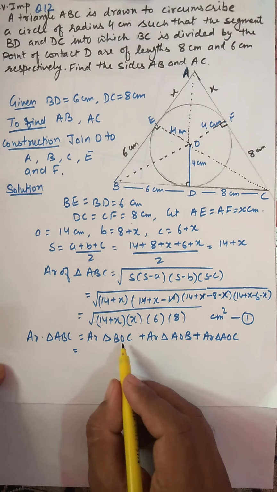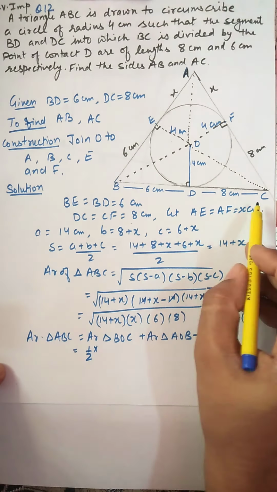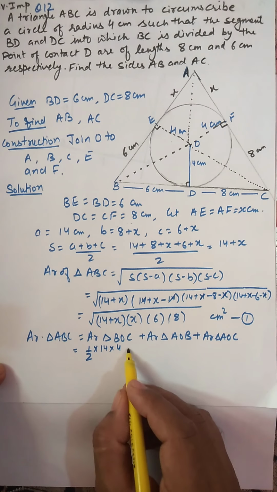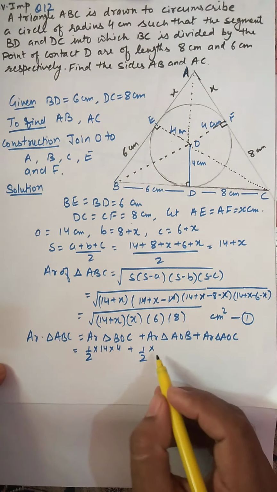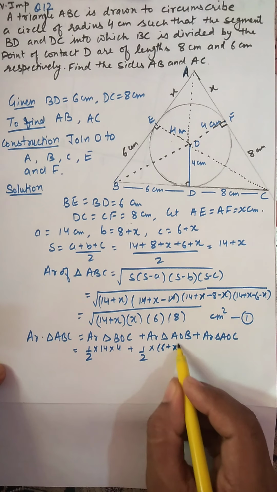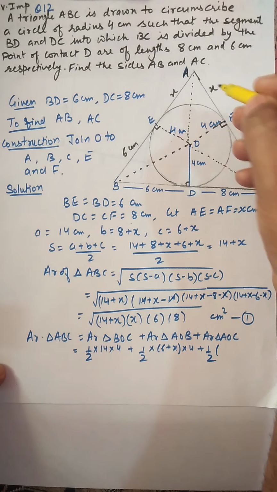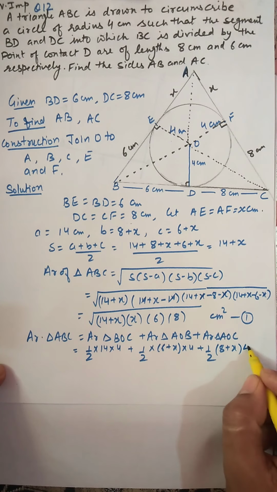So BOC, you know the formula, this is 1 by 2, base is 14, and this height is 4 given to you. And this is 1 by 2, AOB, this base is 6 plus x and height is 4. This is 1 by 2, 8 plus x base and height is 4.